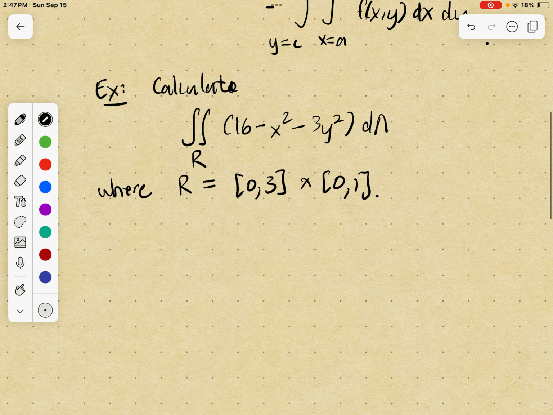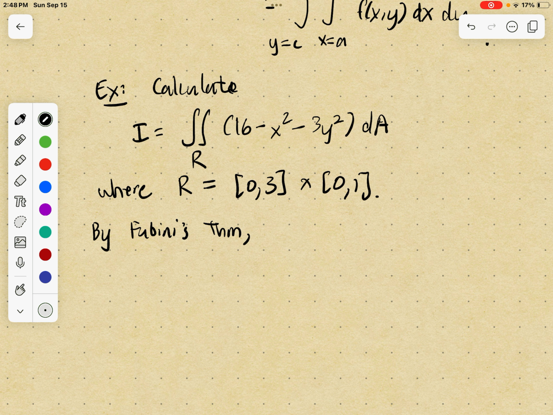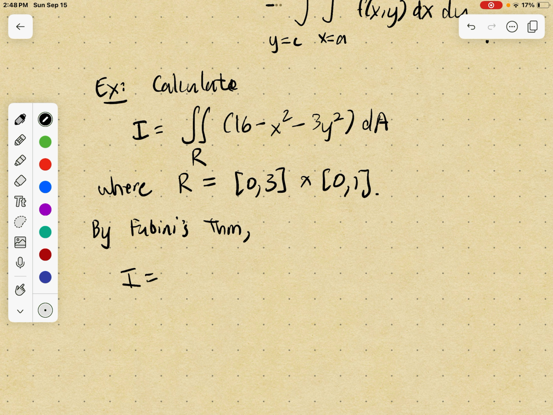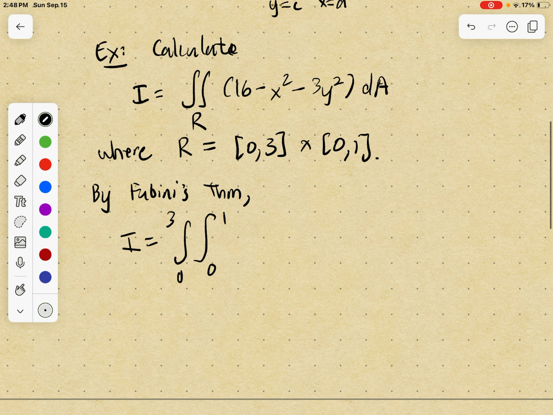Well, so by Fubini's theorem, this integral, let's call it I, is equal to this iterated integral. It's more typical to do dy and then dx. So, right, y goes from 0 to 1 and x goes from 0 to 3. So 16 minus x squared minus 3y squared with respect to y, and then that with respect to x.